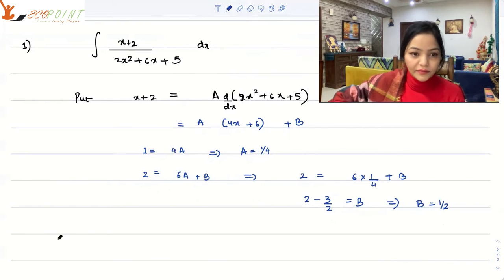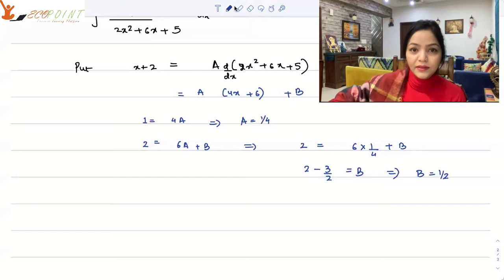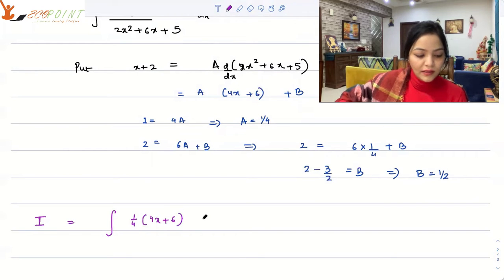So this means the integral I looks like: in place of px plus q, you can write down a, which is 1 by 4, into d by dx, that is 4x plus 6, plus half, upon, no, we didn't have any square root here, sorry.